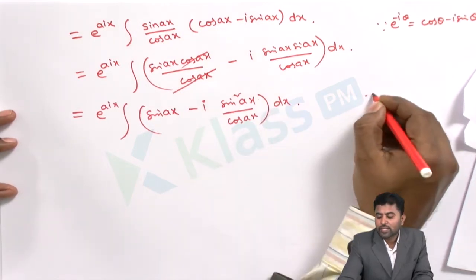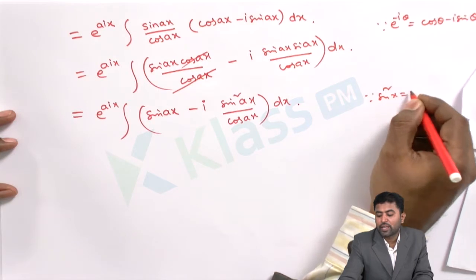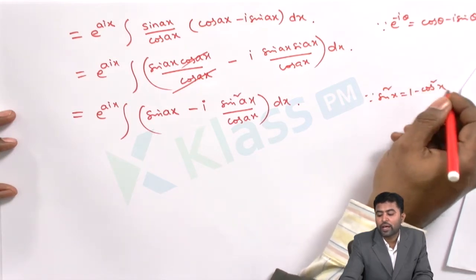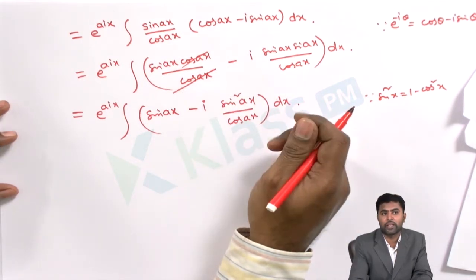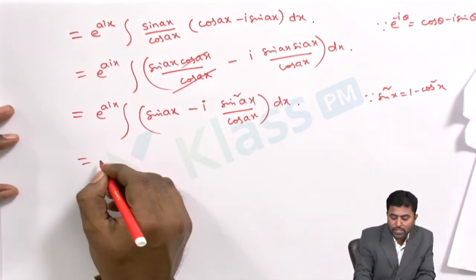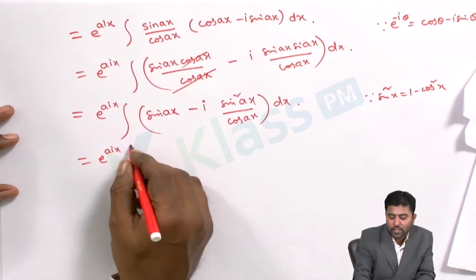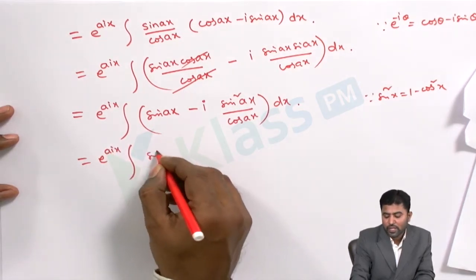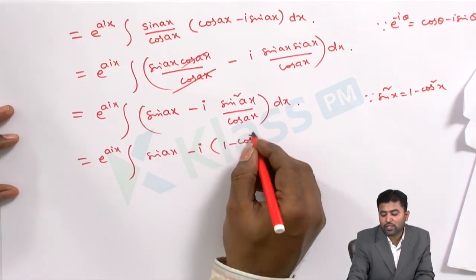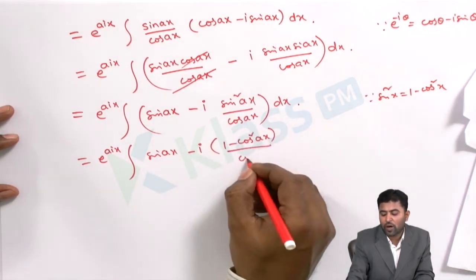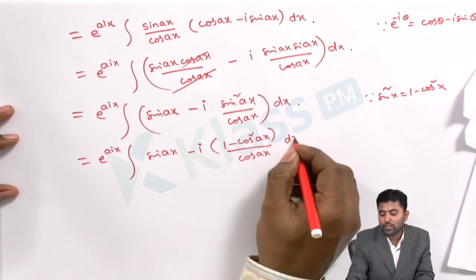We know that sin square x is 1 minus cos square x. So I can write this as e power aix integration of sin ax minus i into 1 minus cos square ax by cos ax into dx.